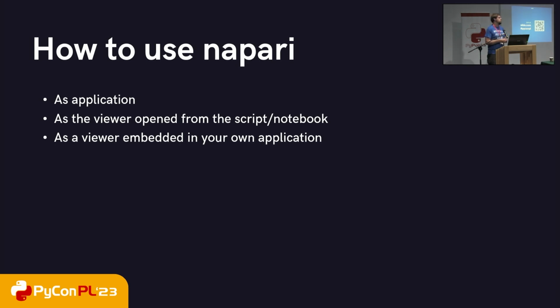So what are the use cases that we know? And I will also show examples of these use cases. The first usage is as an application. There is an application that you can launch. Napari itself provides a bundle, so users don't even need knowledge of how to set up a Python environment.